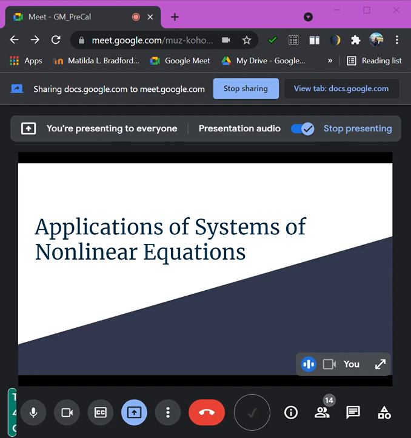So in here, we should always take note that what we reviewed earlier is very useful in solving nonlinear equations. This is also a prerequisite in order for you to understand nonlinear equations better. So what are nonlinear equations? As I said earlier, we use quadratic, could also be linear, and could also be a polynomial.